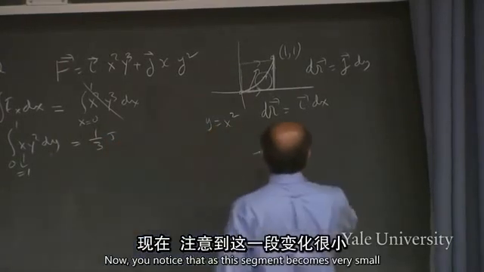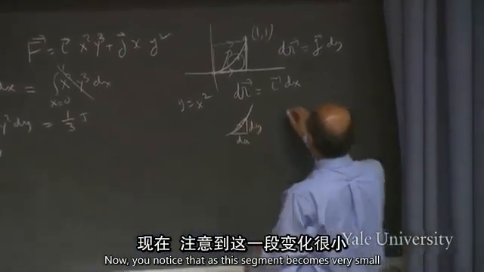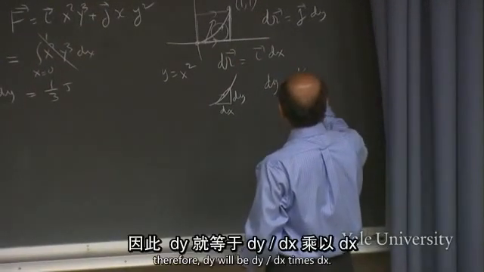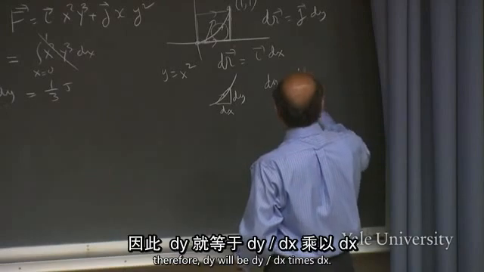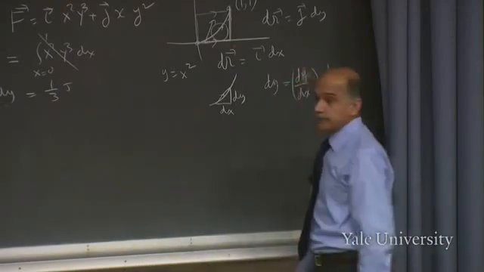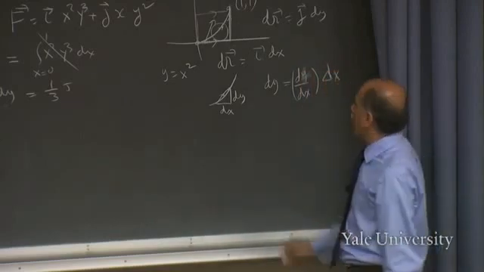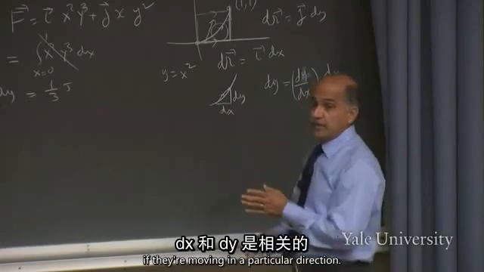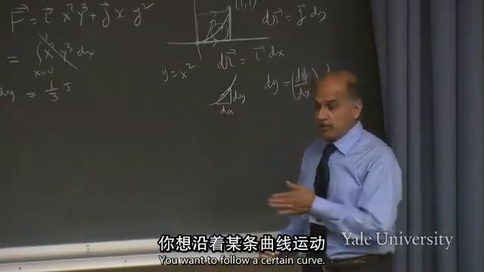Now, you notice that as this segment becomes very small, dy over dx is a slope, therefore dy will be dy divided by dx times dx. In other words, dx and dy are not independent if you're moving in a particular direction. I hope you understand that. You want to follow a certain curve.